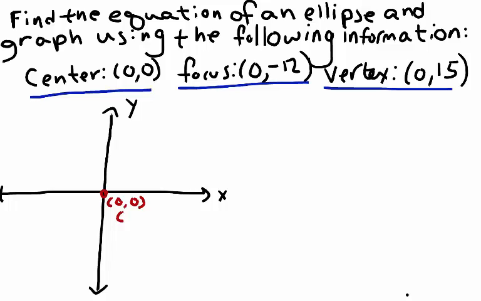We know that one focus is at 0, negative 12, so that would be right about here. And we know that we have a vertex at 0, 15.